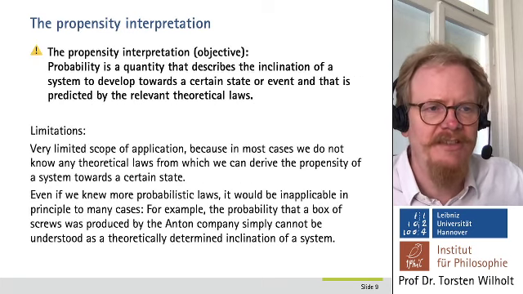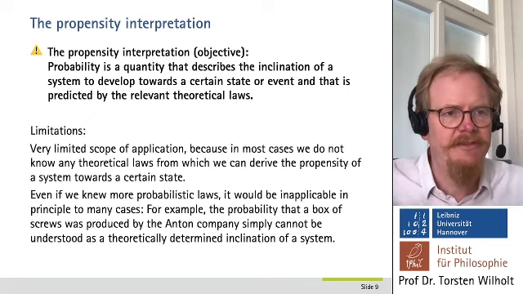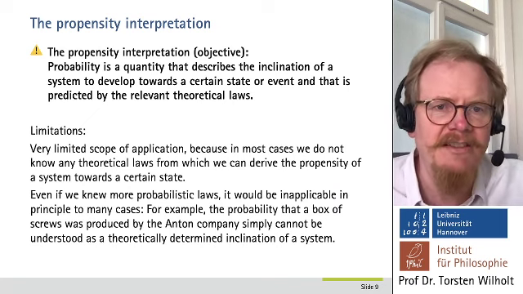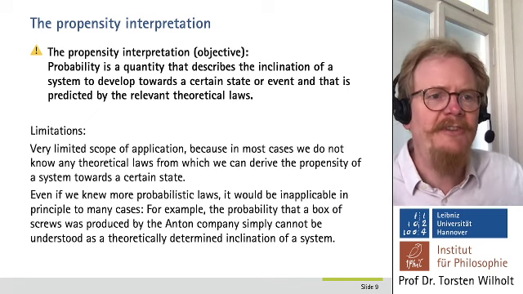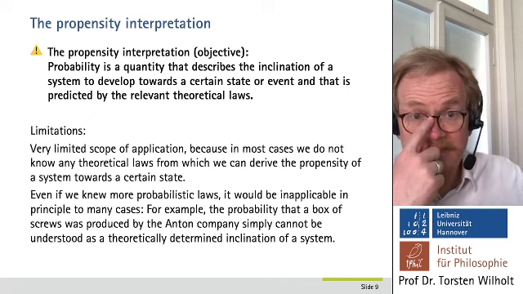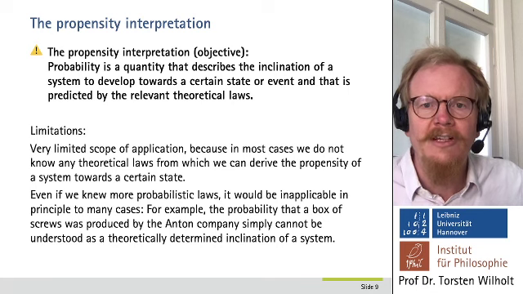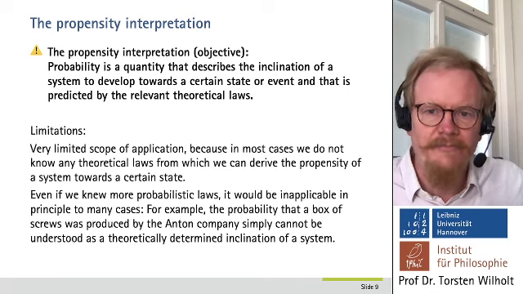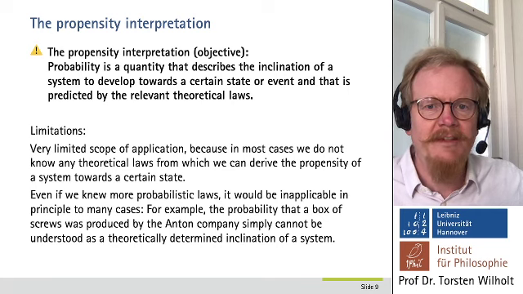The propensity interpretation is another objective way of trying to understand probability. It roughly says something like this: probability is a quantity that describes the inclination of a system to develop towards a certain state or event, and that is predicted by the relevant theoretical laws.